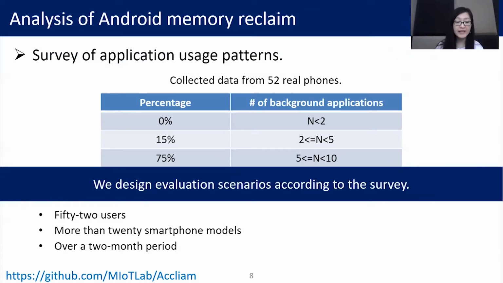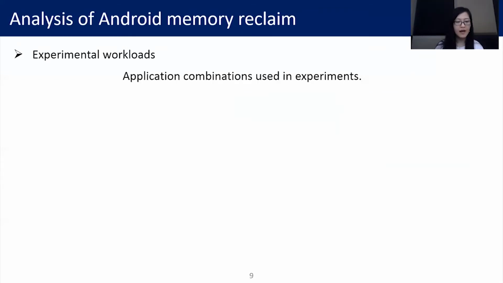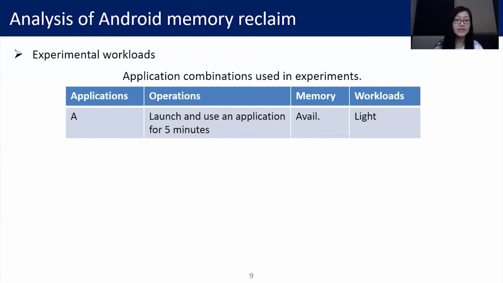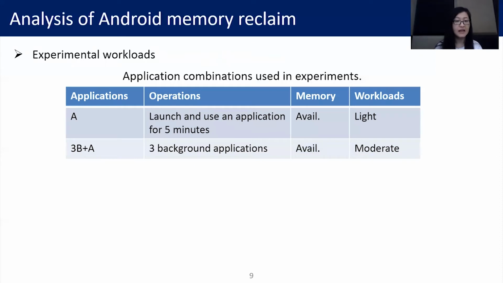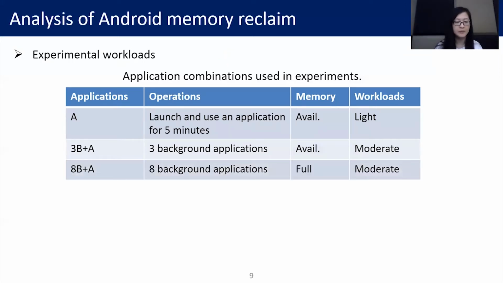And then we design evaluation scenarios according to the survey. Application combinations used in experiments are listed in the following table. A presents launch and use applications for 5 minutes. 3B plus A means launch and use foreground applications for 5 minutes when there are 3 background applications, and so on.